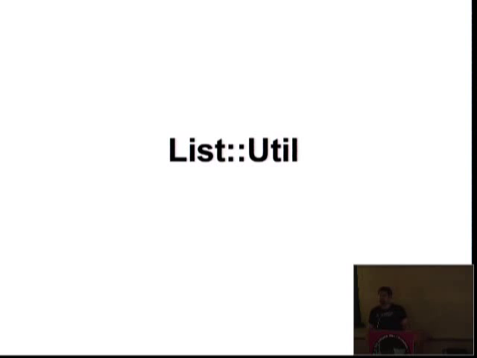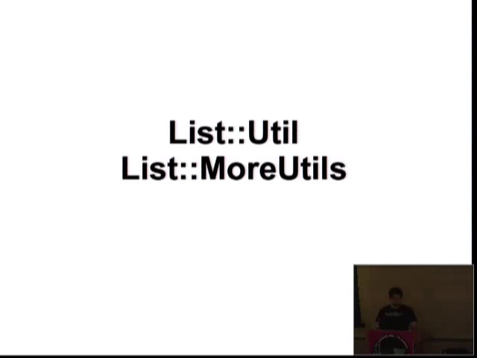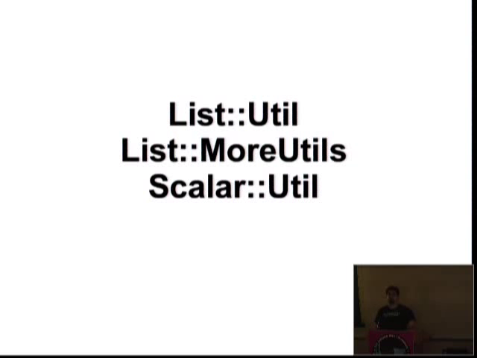So now we've got the util modules, and these are used quite often. But I'm not going to go into too much depth because of time, and because Steve Lembark has a talk tomorrow morning on utils are your friends. He's going to cover all three of these in great detail.